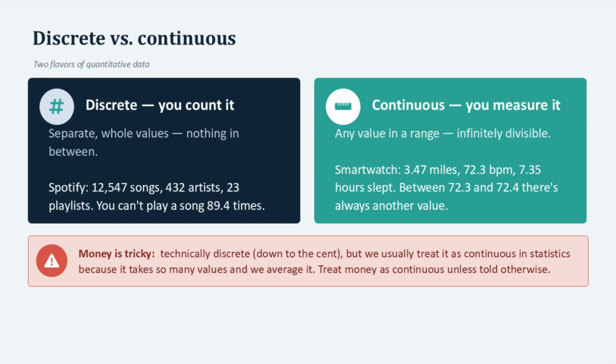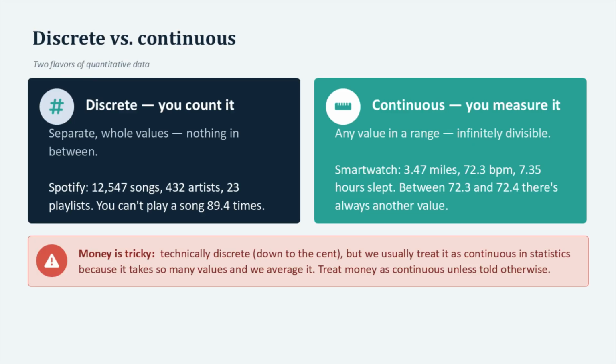Now, I have to warn you about one example that trips up a lot of students. Money. Is money discrete or continuous? Technically, money is discrete. That's because it usually only goes down to the cent. You can have $10.23, but not $10.237. But in statistics, we usually treat money as continuous.